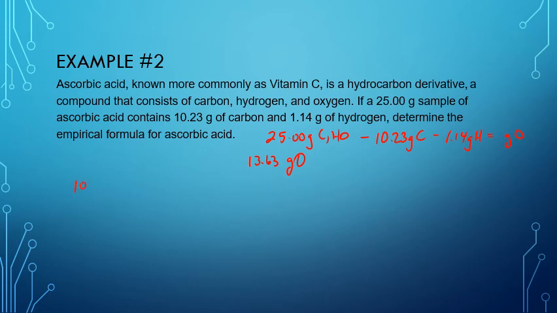So I'm going to take the 10.23 grams of carbon and divide by its molar mass: 1 mole of carbon, from the periodic table, is 12.01 grams, and that equals 0.8518 moles of carbon. I have 1.14 grams of hydrogen, and with 1 mole of hydrogen at 1.01 grams, that is equal to 1.129 moles.